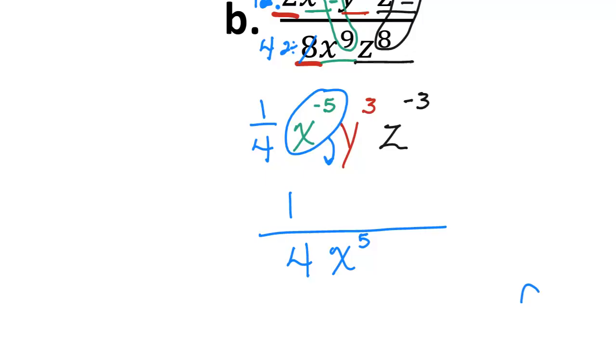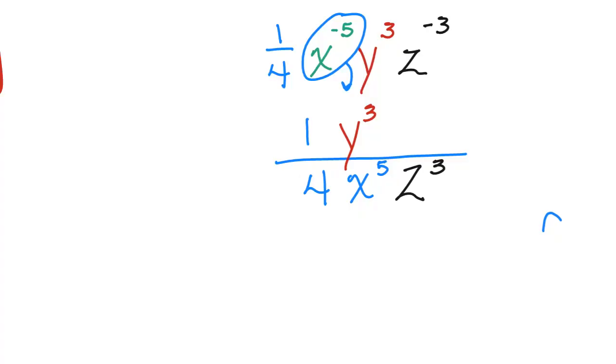Okay? Then we have y to the third. All right, so y to the third, that's just a regular 3. That's going to stay where it is. And finally, z to the negative third. It doesn't like being in the top part, so it goes down to the bottom and becomes z to the positive third.